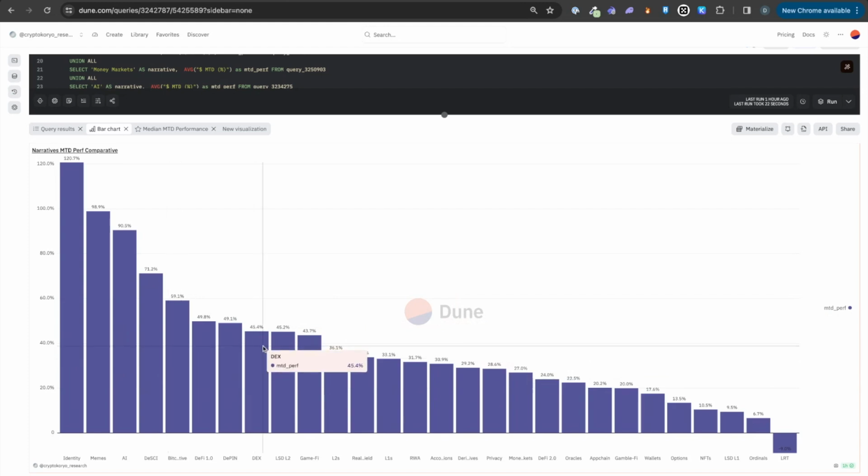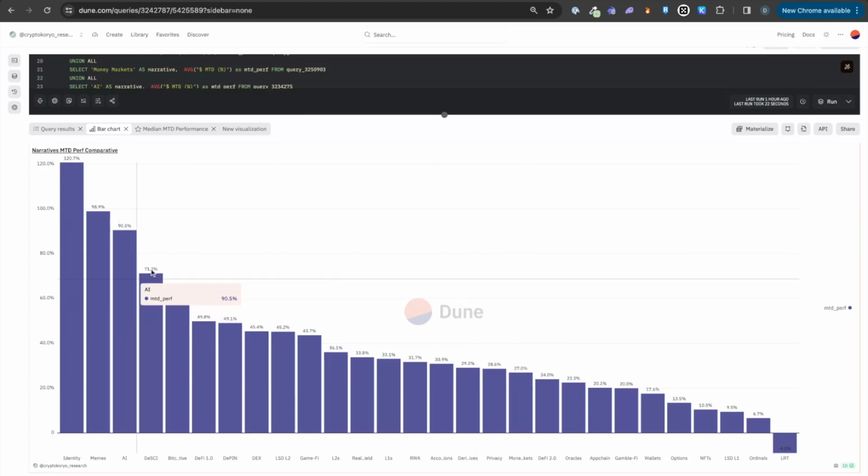Okay, so just some general observations I can also share. Some of the established projects, like money markets, things like Aave, these kinds of lending and borrowing protocols, are generally not outperforming the other tokens that we can see here.